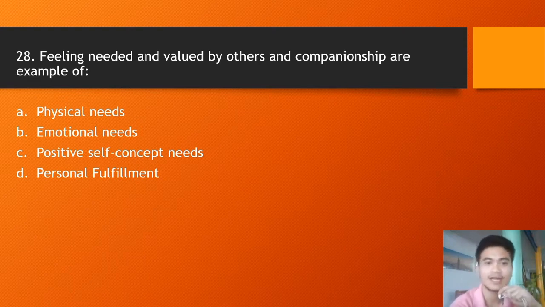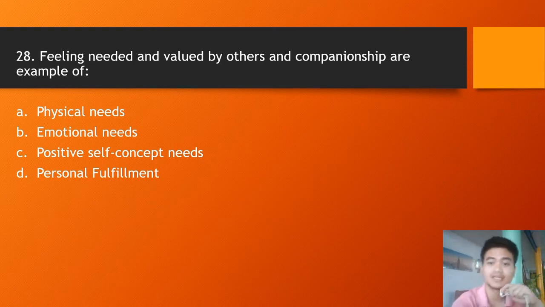Lahat ng tao ay nangangailangan ng being valued, pinapahalaga ng iba, and the sense of companionship, no? Kinakailangan may kasama ka because we are social being. Physical needs, these are the sense of security according to Larson, food, shelter, clothing.